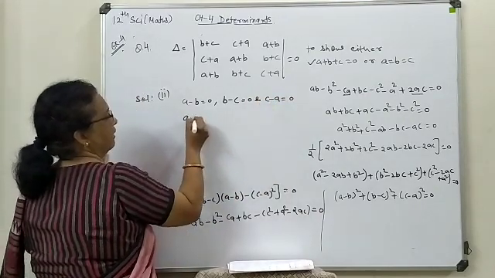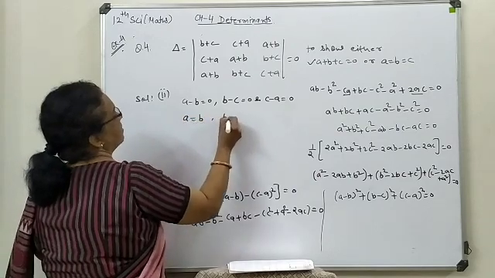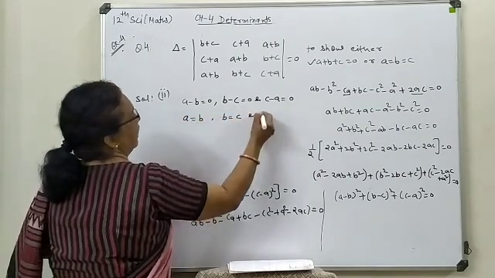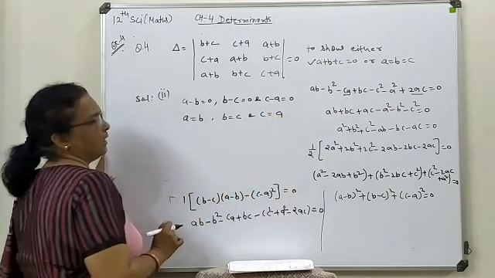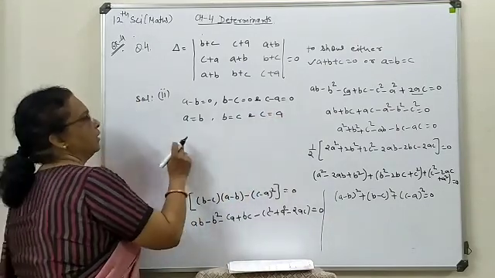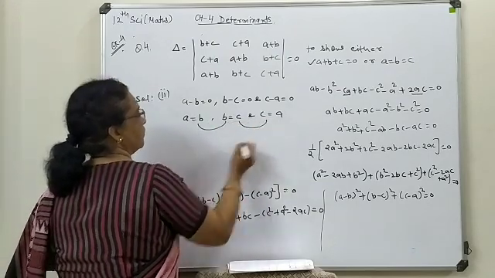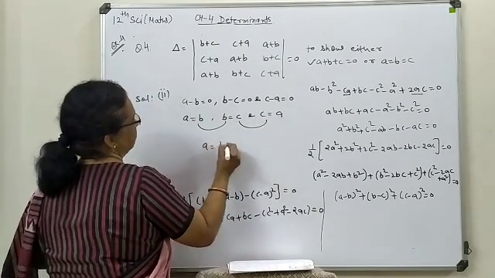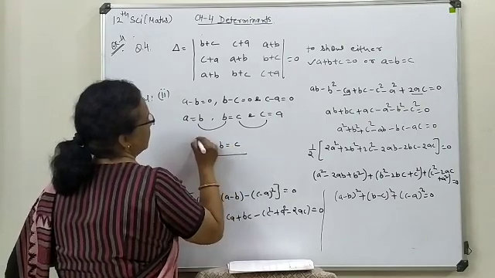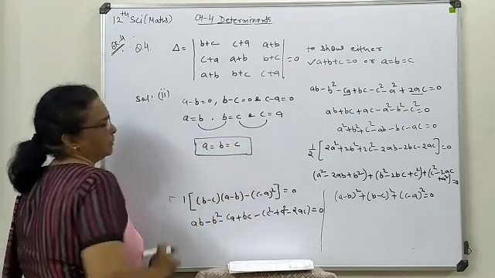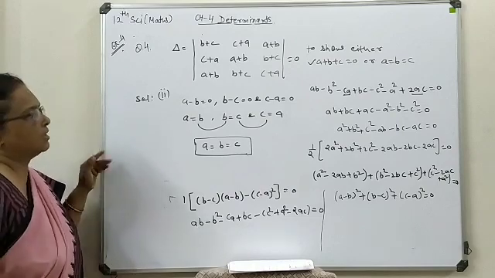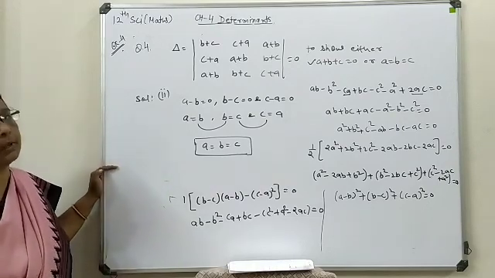From the first one you will have A is equal to B, from the second B is equal to C, and the last one gives A is equal to C. So if you interconnect these 3, you can say A is equal to B is equal to C. This is the second result that was needed. Such a combination is also important.